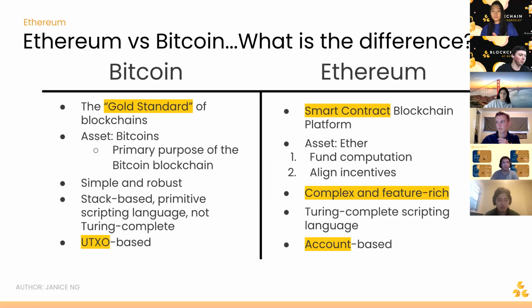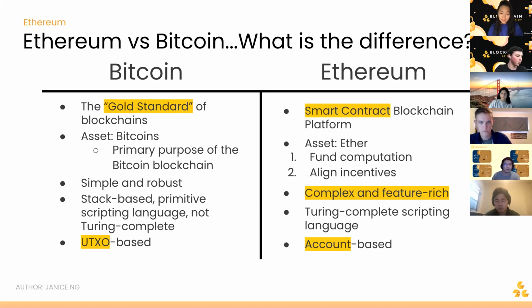So here's the difference. Ethereum and Bitcoin are the two most popular blockchain platforms with two different goals. Let's walk through it step by step. Bitcoin, you might have heard, is the gold standard of blockchains, and the asset is Bitcoin. It's been around the longest and has successfully supported many transactions.